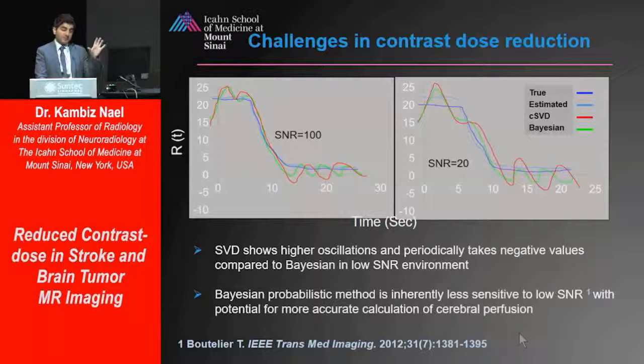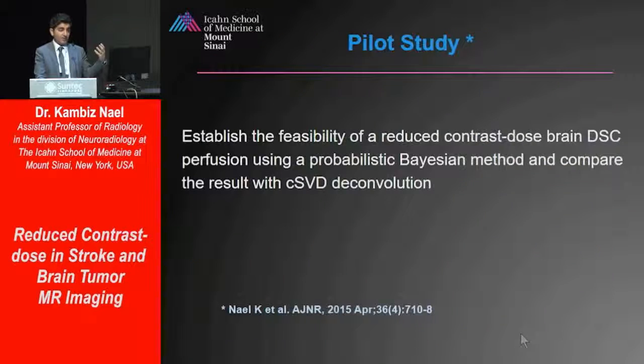So this was really the inspiration behind our pilot study or feasibility study that was published last year in American Journal of Neuroradiology. The purpose was to establish the feasibility of a reduced contrast dose DSC perfusion using the Bayesian method and compare the result with the routinely used SVD deconvolution post-processing.